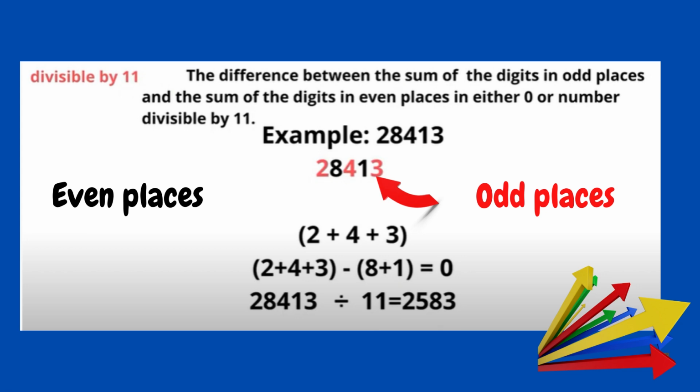At ang ating even places na si 8 plus 1 is equal to 9. Pag sinabing get the difference, ibig sabihin, ima-minus natin. 9 minus 9 is equal to 0. Therefore, 28,413 is divisible by 11.